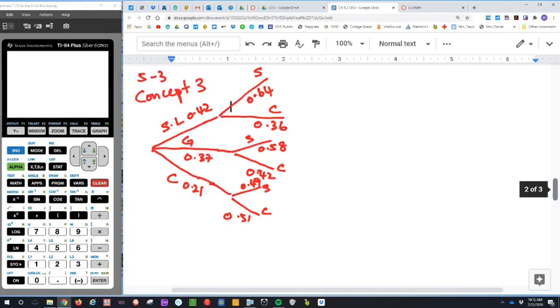Okay, so we're going to continue to concept 3, but I'm going to keep the tree diagram because we're going to use it to actually solve this following problem.